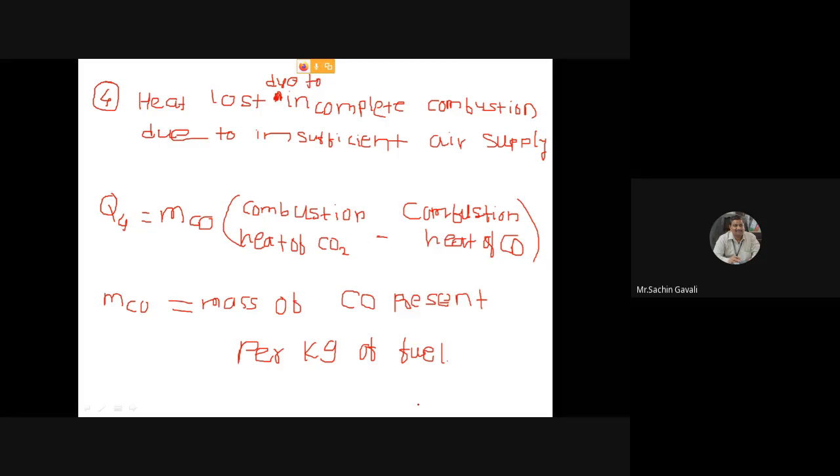With the help of this formula, one can calculate the heat loss due to incomplete combustion due to insufficient air supply. Okay. Next loss. Add on the loss number 5.